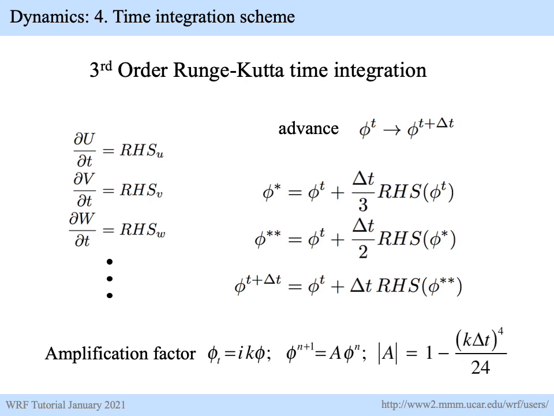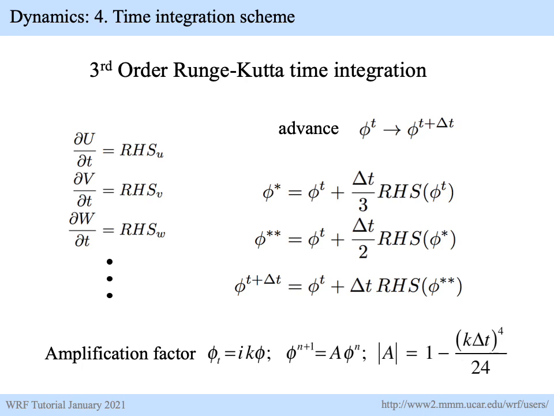So within Advanced Research WRF, we use a certain variant of Runge-Kutta time integration. There are literally an infinite number of Runge-Kutta schemes, and we use a third order variant that uses 3 steps to accomplish advancing the solution forward in time, one time interval delta t. And it's depicted here on the slide.